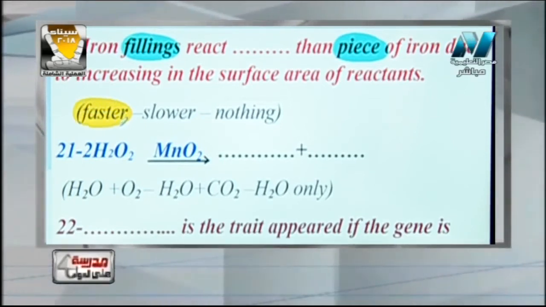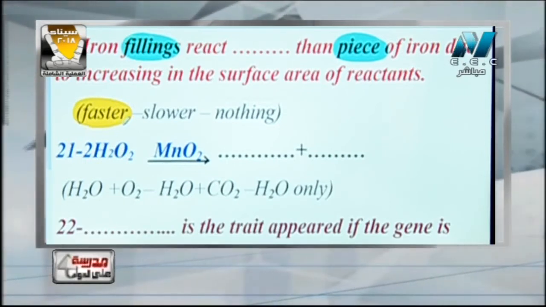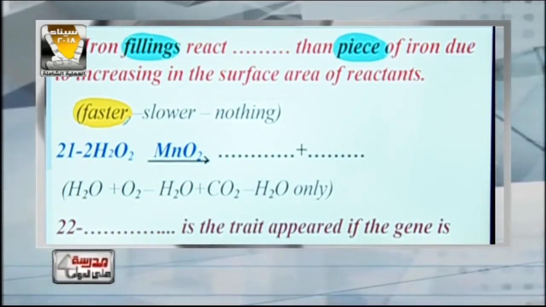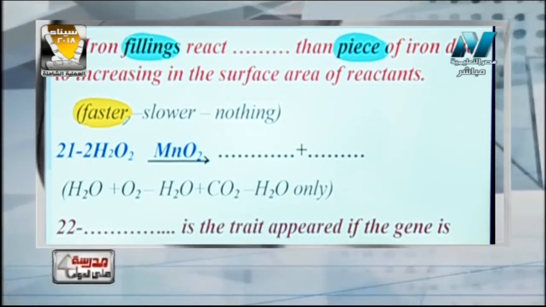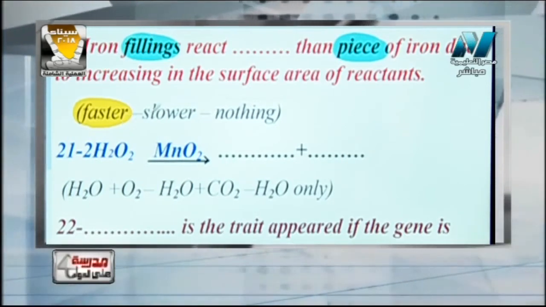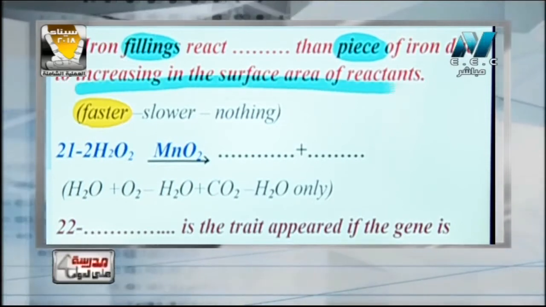If we have an effervescent tablet at home, as a piece and another as powder, which will fizz or dissolve faster? Of course the powder. So iron fillings react faster than a piece of iron. Of course, the reason is due to increasing the surface area of the reactant.